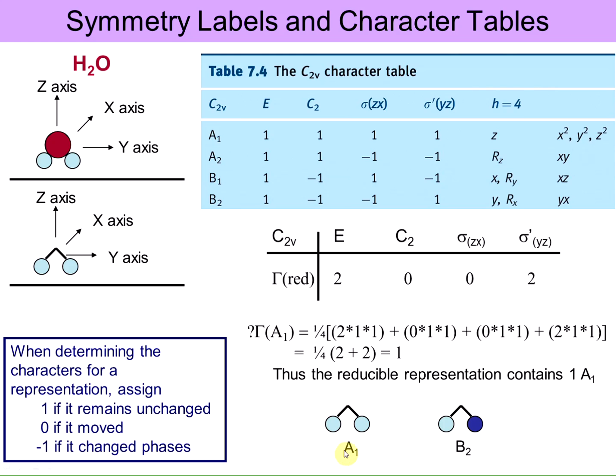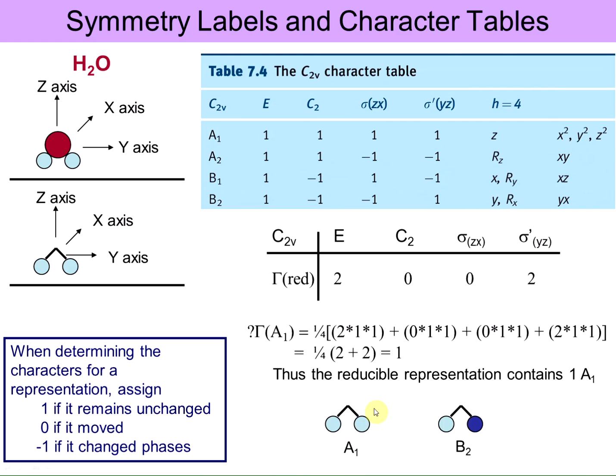So now that I know that I have an A1 and a B2 irreducible representation that describes the orbitals of the hydrogen 1s, the character tables in the back of the book help you figure this out, but also the Mulliken symbols give you this information too. Remember, the A means that it's symmetric with respect to the principal rotation axis.